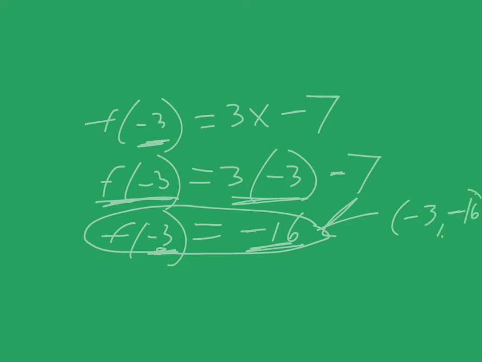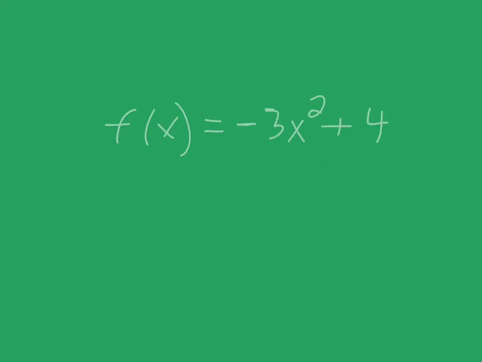So hopefully you're seeing the relationships between just having x and y, two variables in an equation, and function notation. All that happens is the y is replaced with f of x, but that f of x part just tells you what you're plugging in for x. But when you get your answer, that still is your y value or your output, depending upon the variables you have.